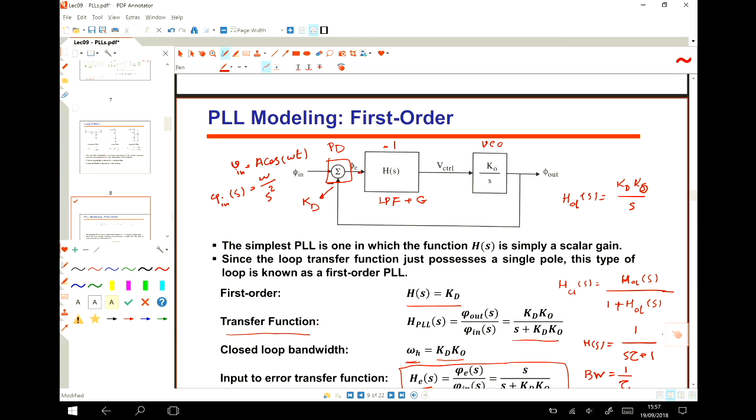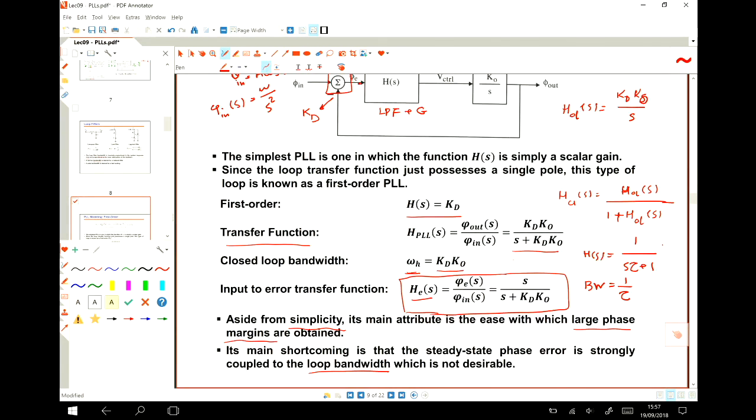If we replace the phi in here in this equation, then we see that HE of S, the phi E of S, equals 1 over S plus KDKO, something like that, or it has omega as well with a gain.